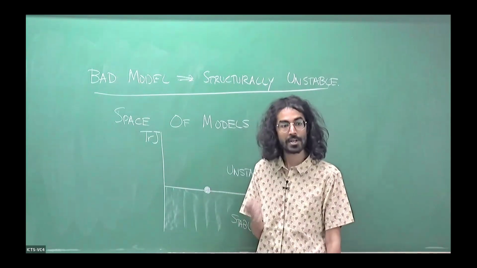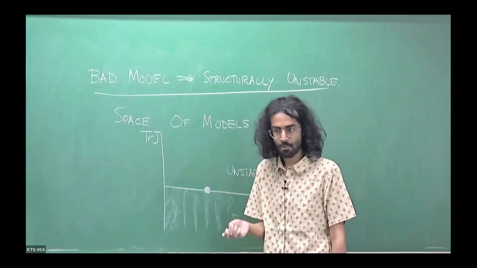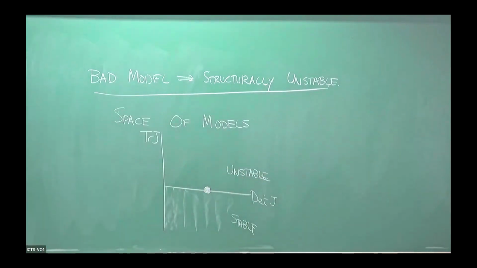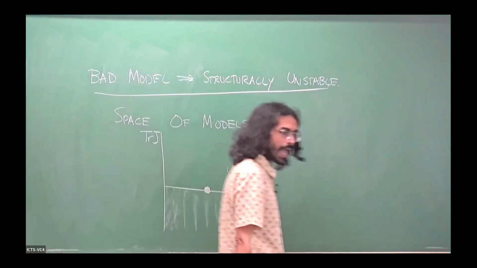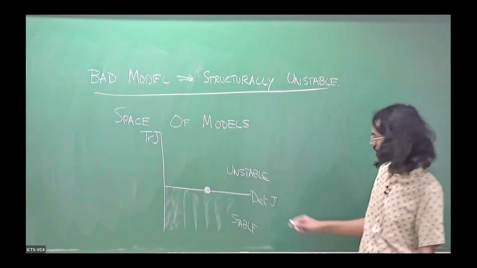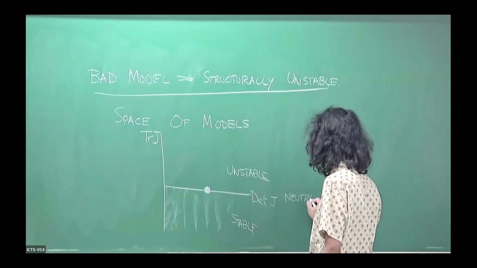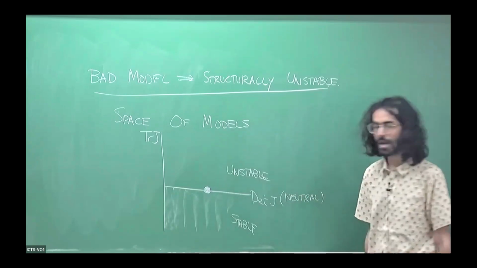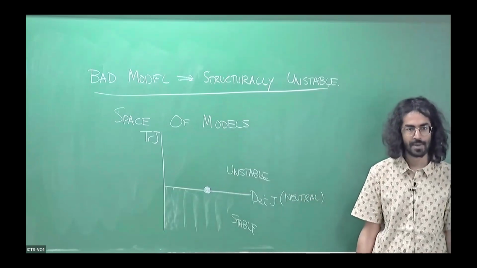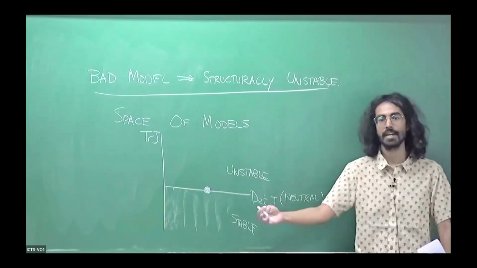Say that now I perturb the model. One of the ways in which I perturbed it is here, I added this extra assumption to it. What would generically happen to the stability of this model? On this line, I'm neutrally stable. What would happen generically to the stability of this model if I perturbed the model, if I made a slightly different model?